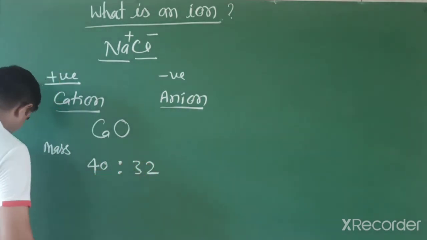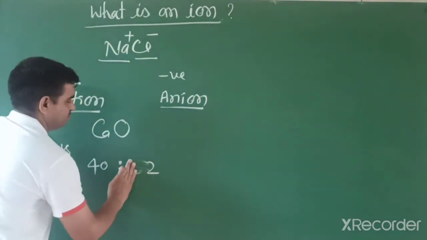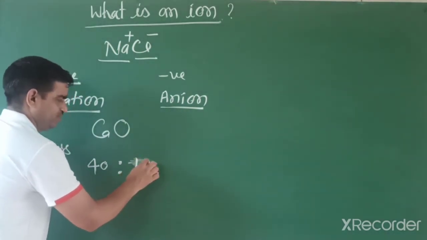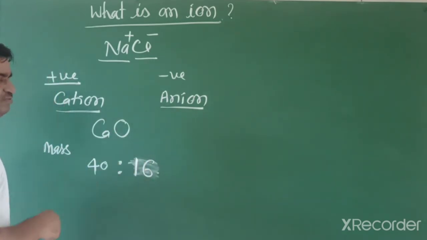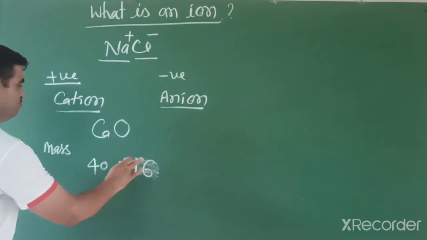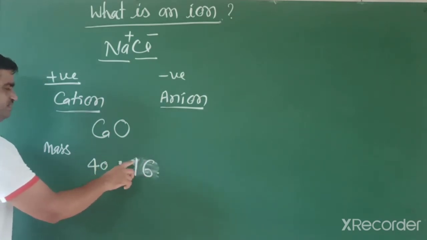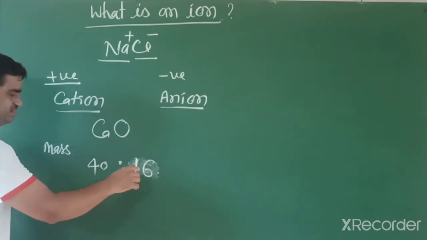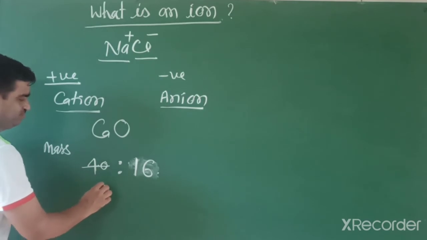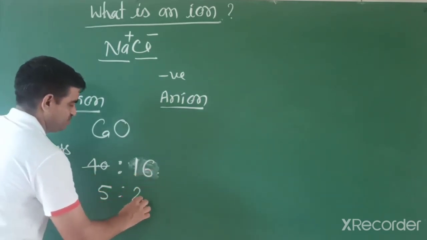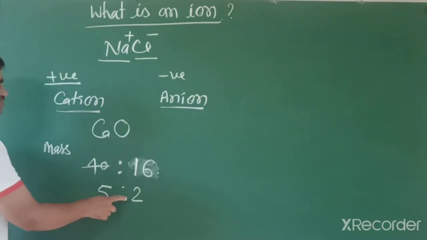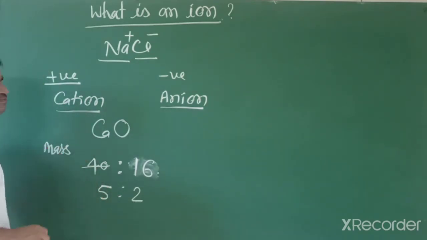So one oxygen mass is 16. Now how can we write its ratio? When we divide by 8, 8 times 5 is 40, 8 times 2 is 16, so 5:2. This is the mass ratio of calcium oxide.